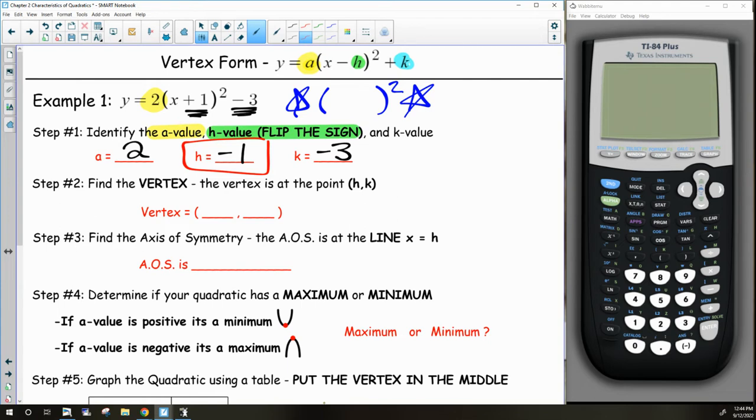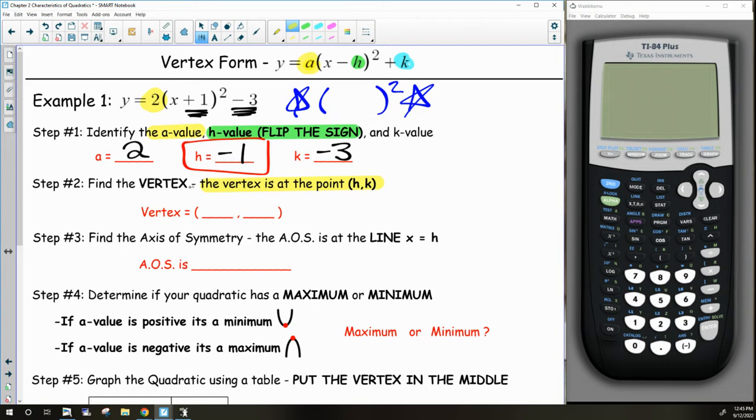Once we have A, H, and K, which we do, now we can pretty much speed fill out the rest of this. Step 2, we're finding our most important point, the vertex. The vertex is always at the point (H, K). That means whatever H is and K is, that's my point.